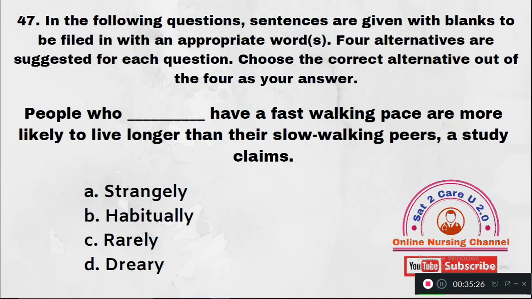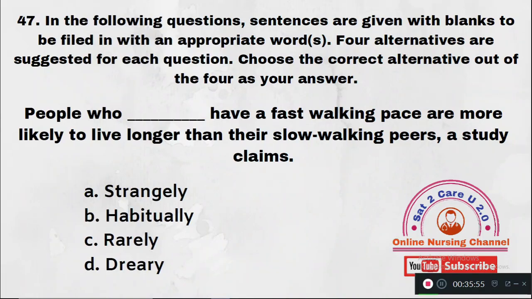Now let's see some of the English questions. In the following questions, sentences are given with the blanks to be filled in with an appropriate word. Four alternatives are suggested for each question. Choose the correct alternative out of the four as your answer. So the sentence is given and you have to fill the appropriate word from the alternatives.